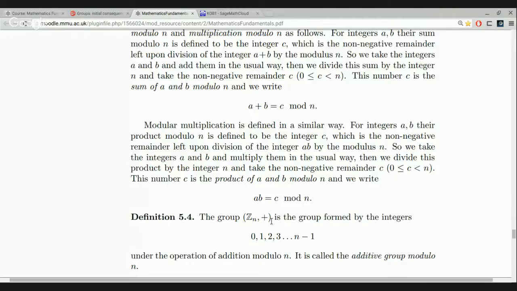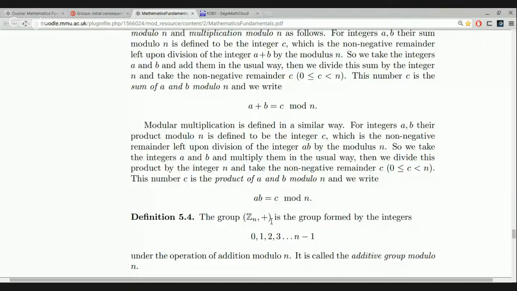I think there are a couple of different features we can see in these groups. In the group modulo 8, every element is its own inverse. Whereas in the group Z5, you see something slightly different.